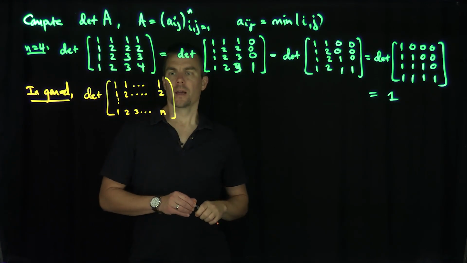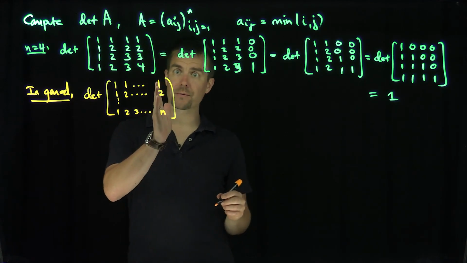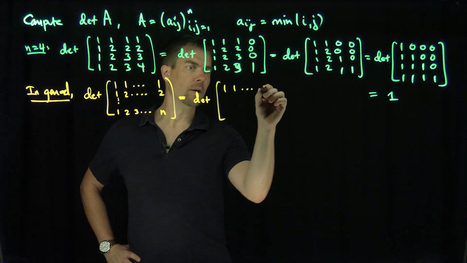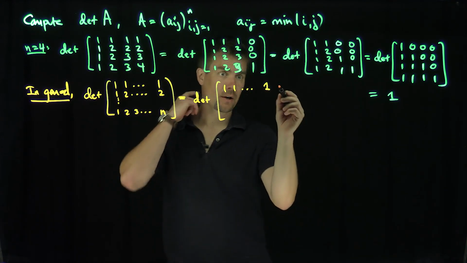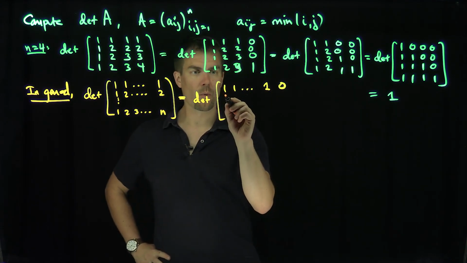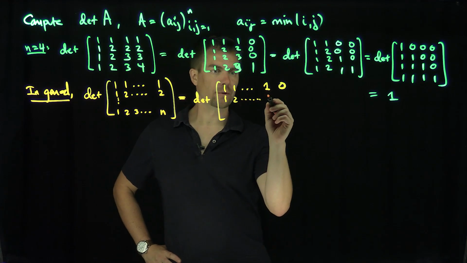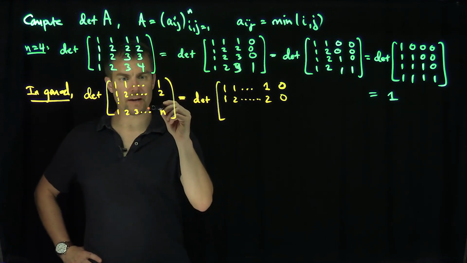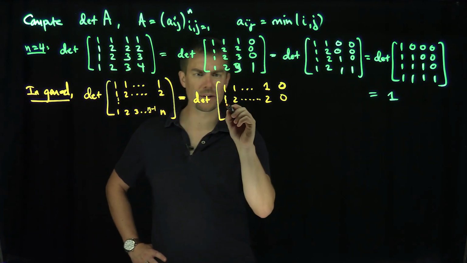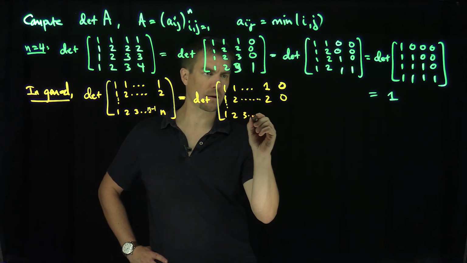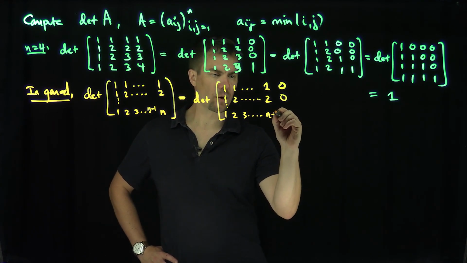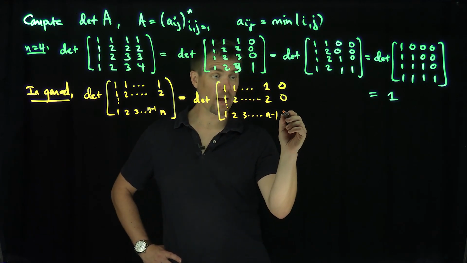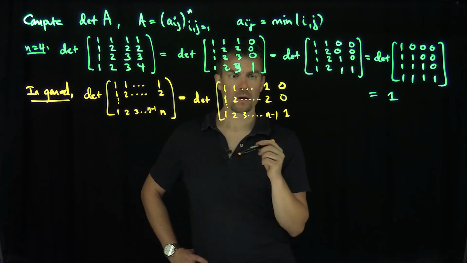If we subtract the (n minus 1)th column from the nth column, this will become a determinant with 1, 1, 1 and then a 0 here, a 0 here, then 1, 2, down to 2, and a 0 over here, bearing in mind that this will be an n minus 1, all the way down to 1, 2, 3, all the way down to n minus 1, and then we'll have a 1 over here.